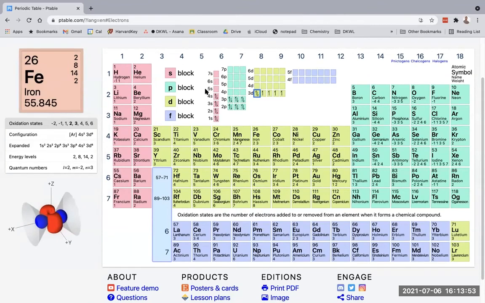So we divide all the elements. The first word that you need to know about is element. What exactly is an element? It is anything that has a single kind of atom in there. All the atoms of one element are of the same kind. What does that mean, the same kind? It means that they have just the same number of protons, because in atomic structure we saw that the number of protons defines an atom.